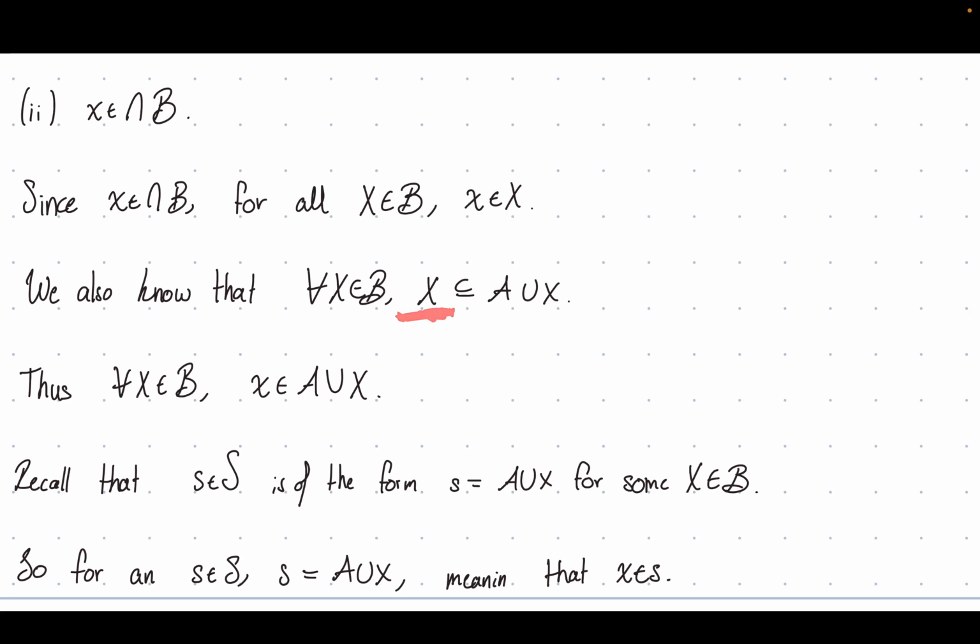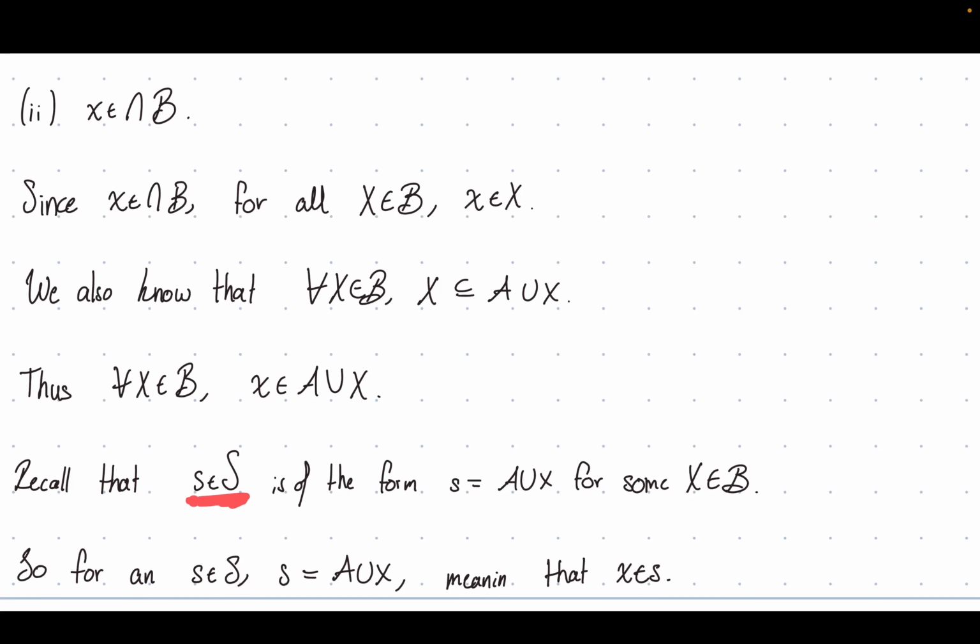So this X has to be a subset specifically of A union X, and this applies to every single X in B. So for all big X in B, little x has to be in A union X, because it was in X originally. I hope that's clear so far.